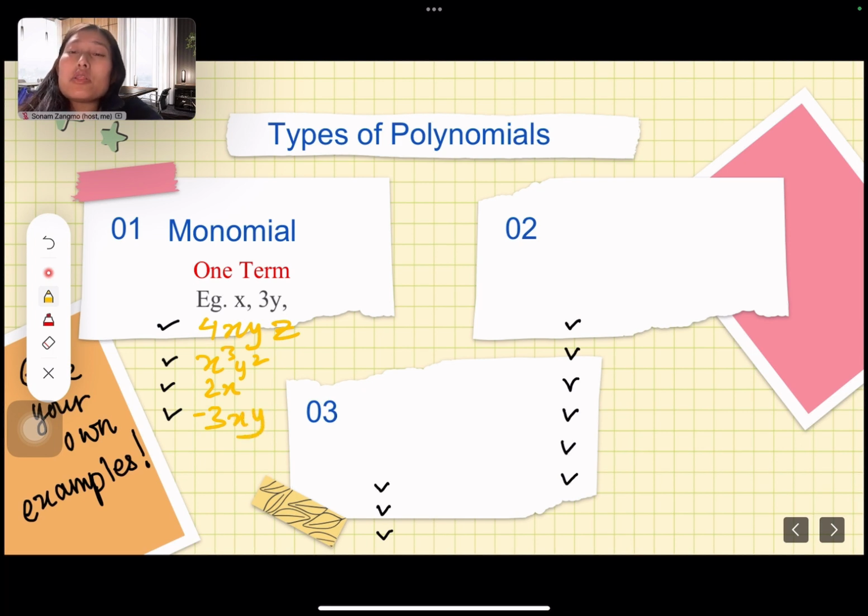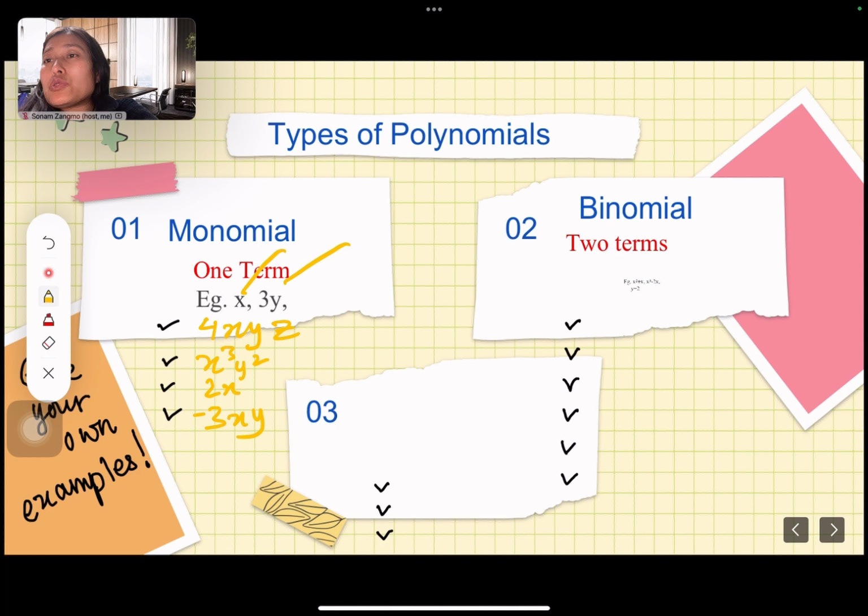So in all these examples, we have just one term. Now you combine two of the terms here. So if I pick 2 examples here, that will become your binomial, with two terms.